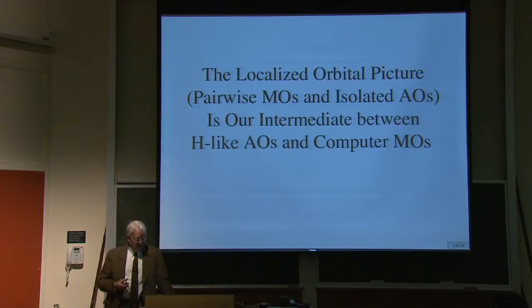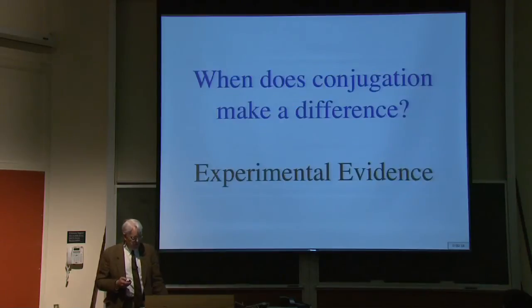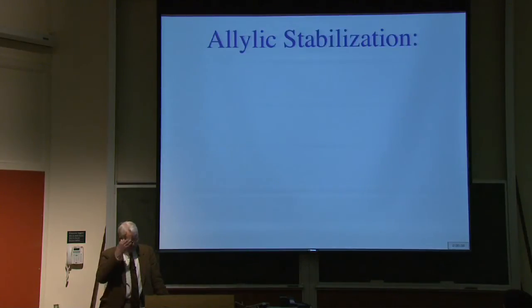But in between were these pairwise things, right? But sometimes we have to think more deeply when these things are conjugated. They don't behave that way, okay? So when does conjugation make a difference? First we're going to look at experimental evidence, and then we're going to go into the theory.